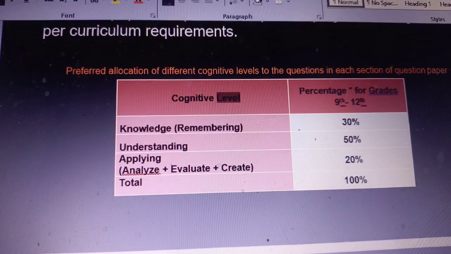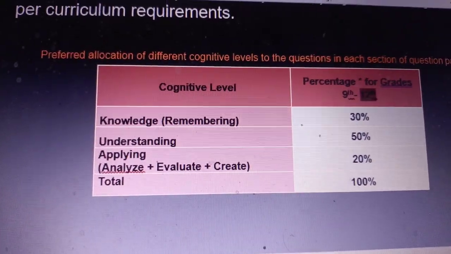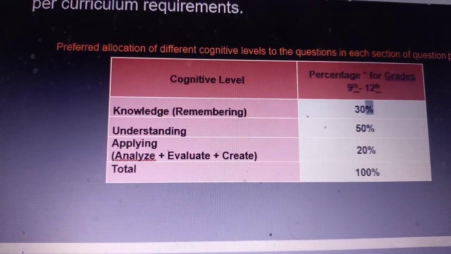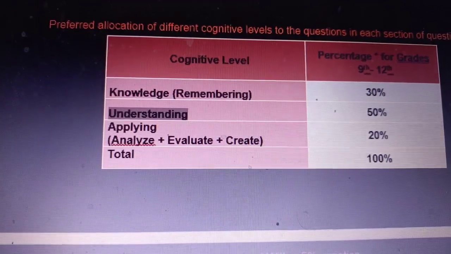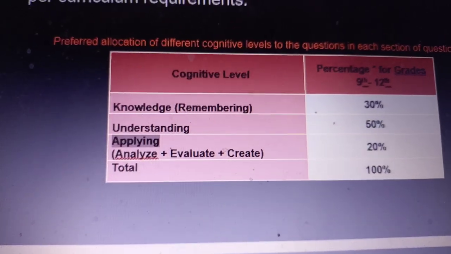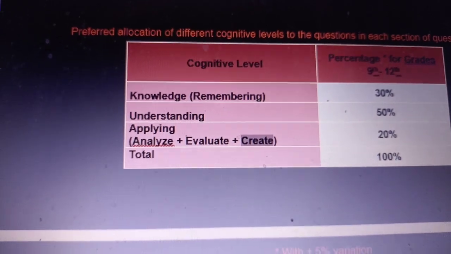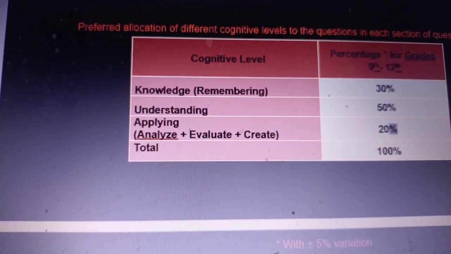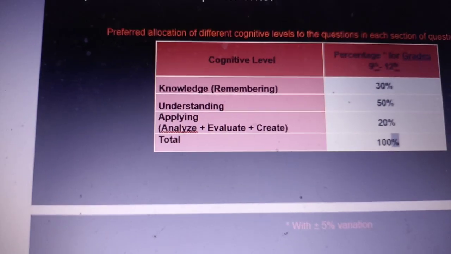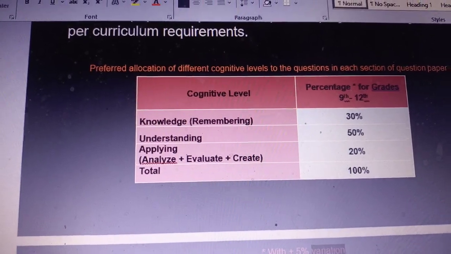Cognitive level, percentage for grades 9th and 12th: knowledge, remembering, 30%; understanding, 50%; applying, analyze plus evaluate plus create, 20%; total 100%, with plus or minus 5% variation.